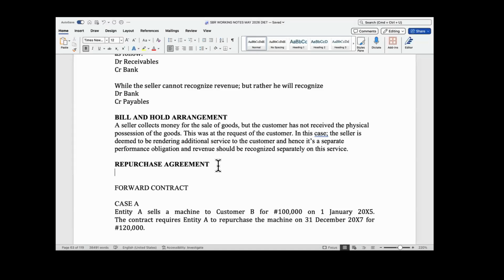As the name implies, a seller transfers goods to the customer and agrees to repurchase the same goods after a certain period of time.